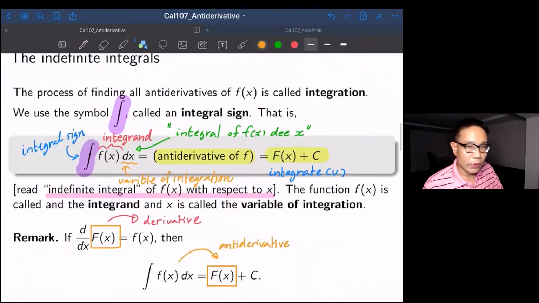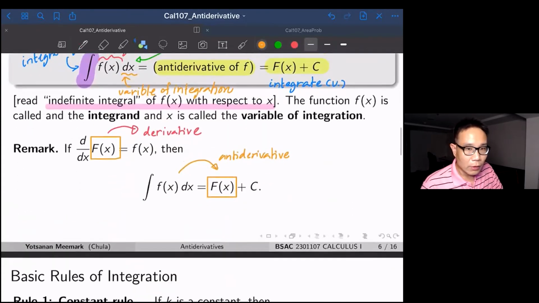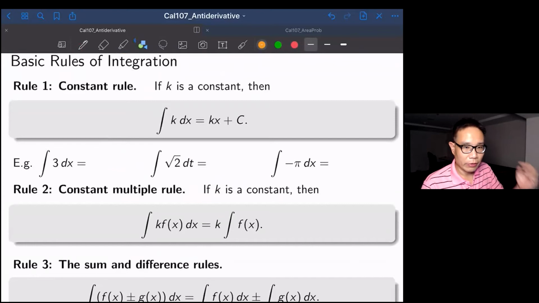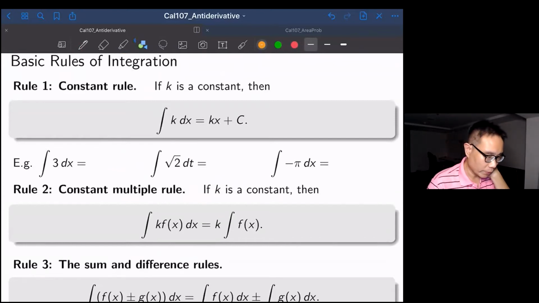So we're going to develop the formulas, or the rules, of integration. The basic rule of integration: we learned before that when you differentiate kx, it's going to be just k.